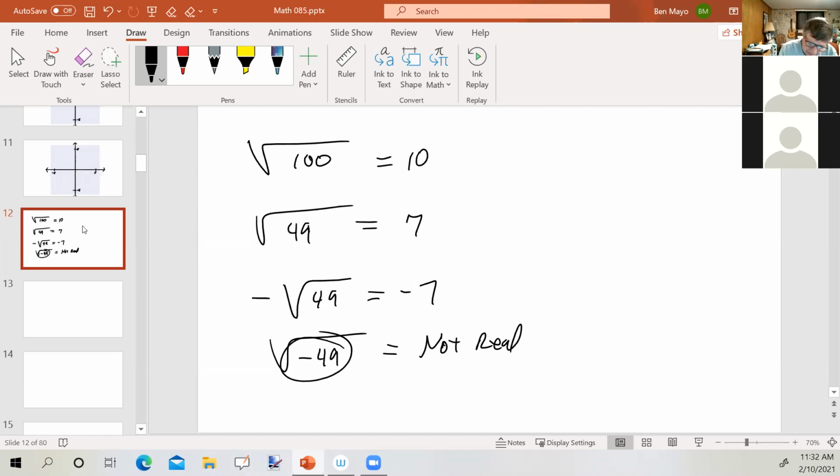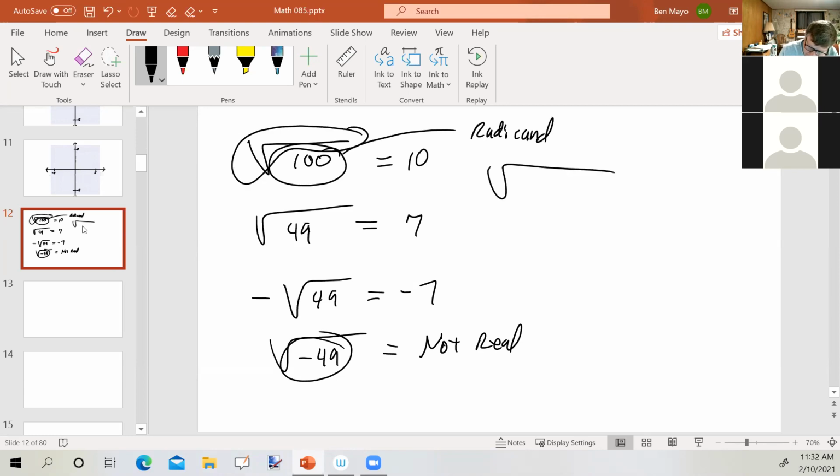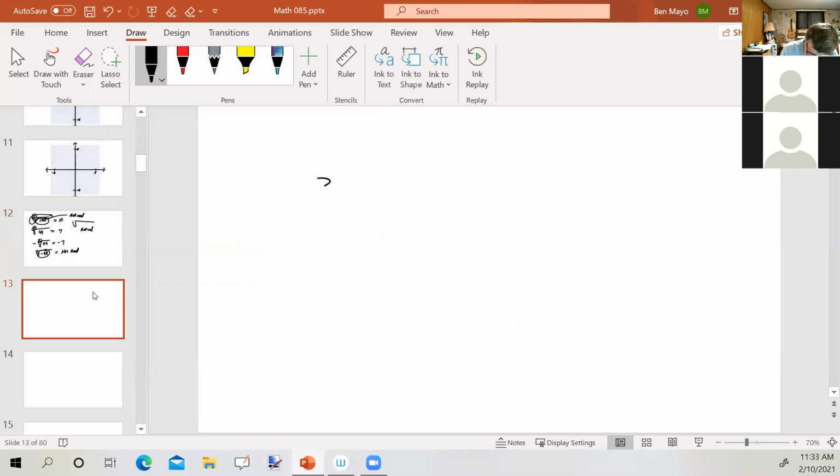Let's expand on that. Let's go back here. This number inside is called the radicand. This symbol here is called a radical. And when you're taking square roots, there's no number written there. It's an implied 2. But let's say we want the cube root of 8, which is 2. Then this is called the index. Tells you what root you're taking.